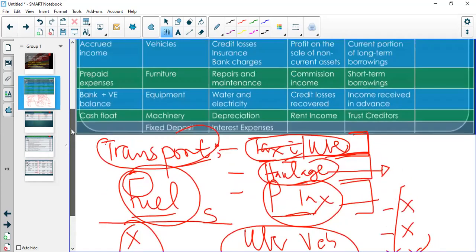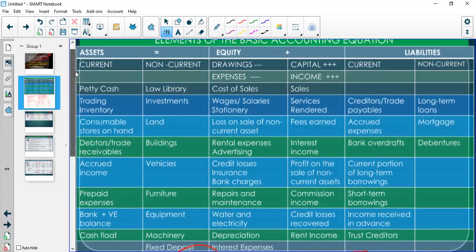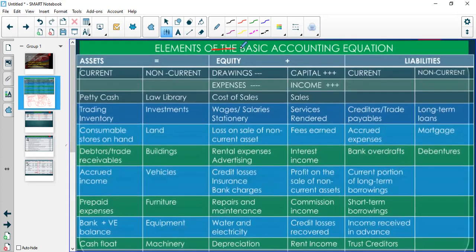So we said to you the other day, if you look at all these elements of the basic accounting equation, assets equal equity plus liabilities. We gave you earlier a list of current and non-current assets. Now, all of these are examples of general ledger accounts, right?